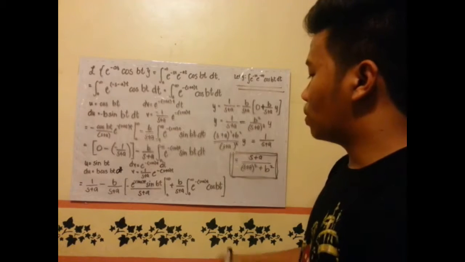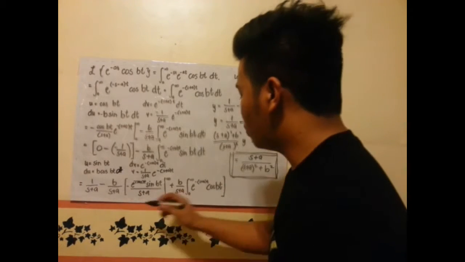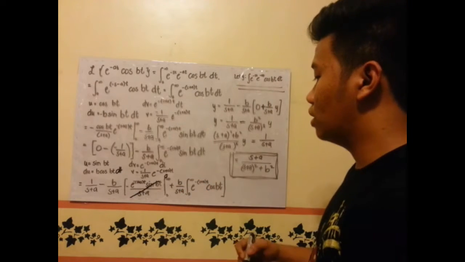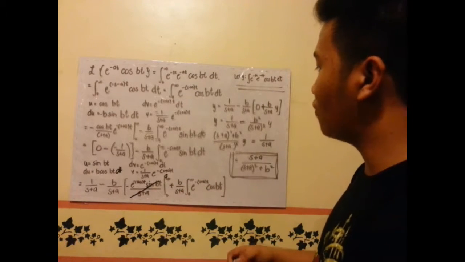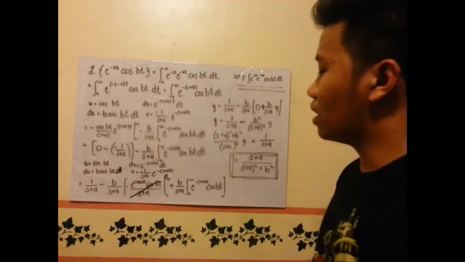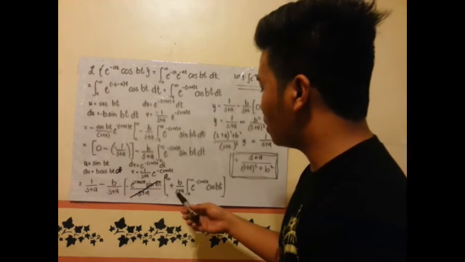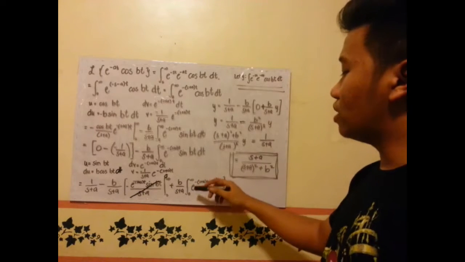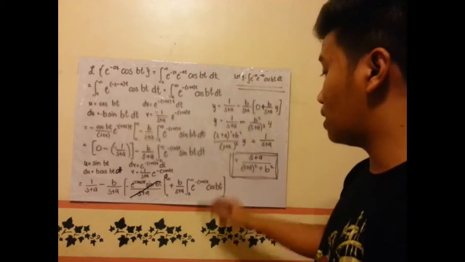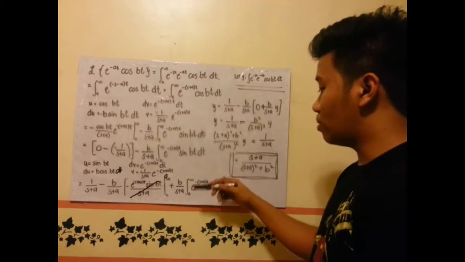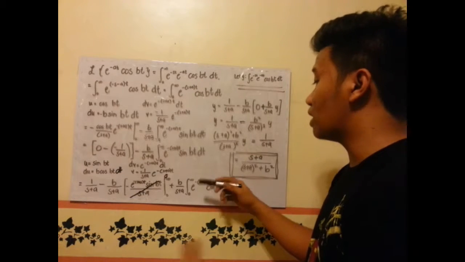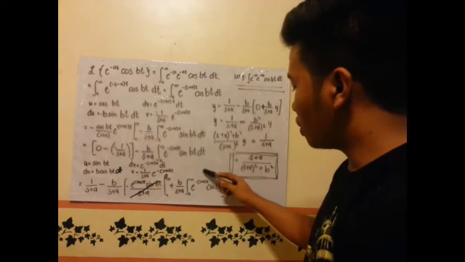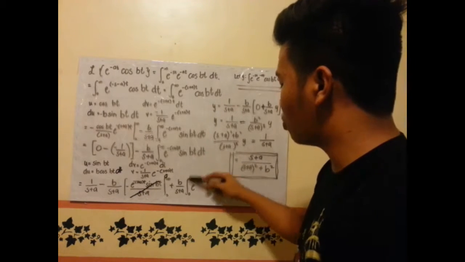So we conclude that this is equal to 0 by plugging in those limits. Our expression is 1 over s plus a, minus b over s plus a multiplied by the integral of e raised to negative parenthesis s plus a multiplied by t cosine bt, which is our first expression.